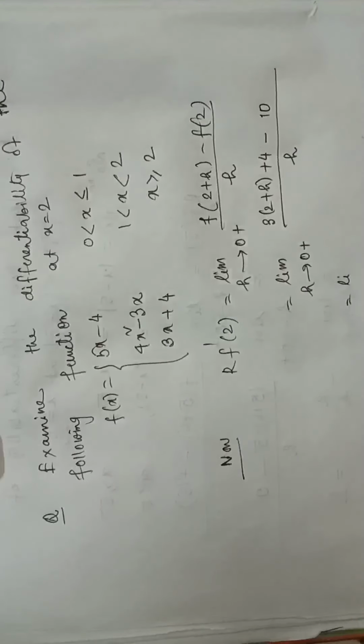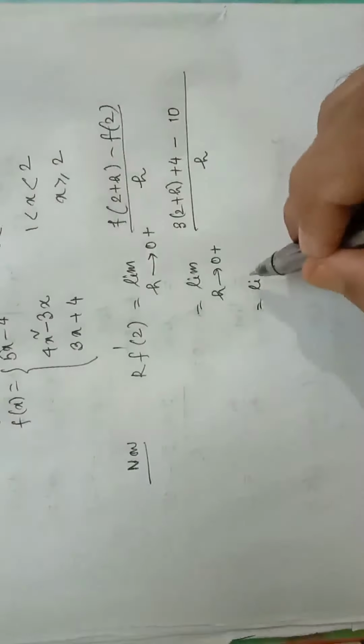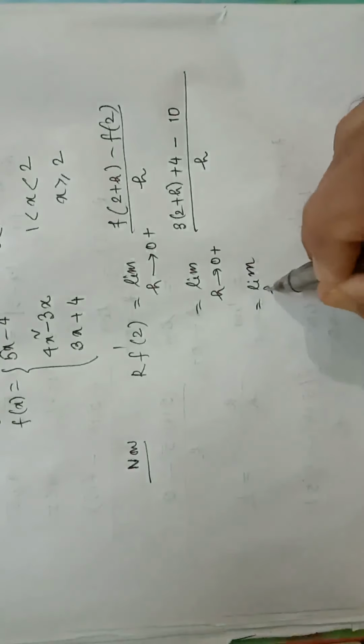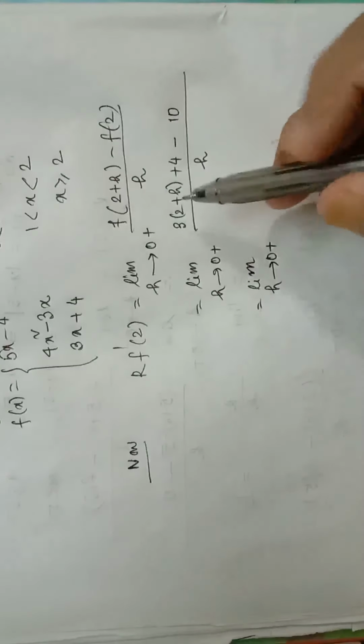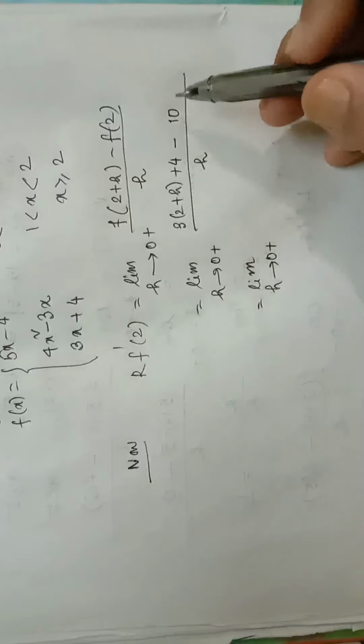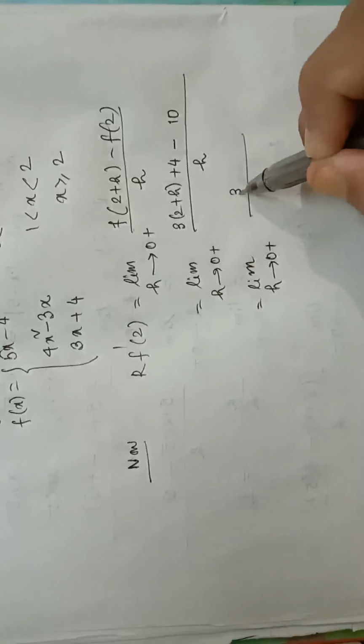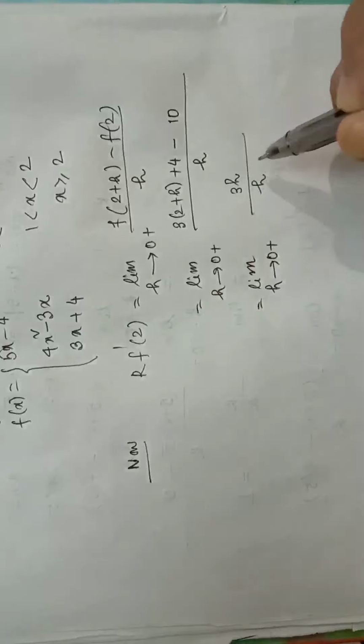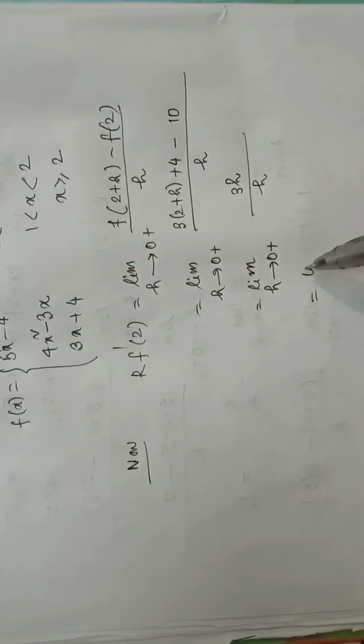Limit h tends to 0 plus, 6 plus 4 is 10, minus 10. So it will be 3h by h, and ultimately limit h tends to 0 plus is 3.